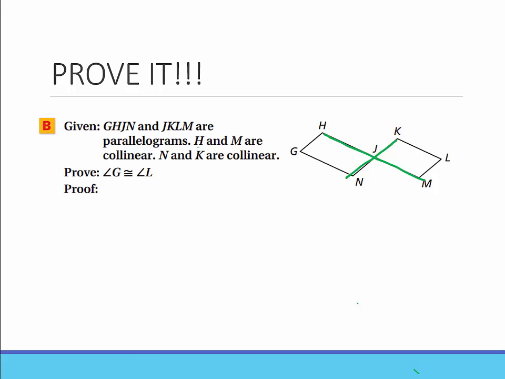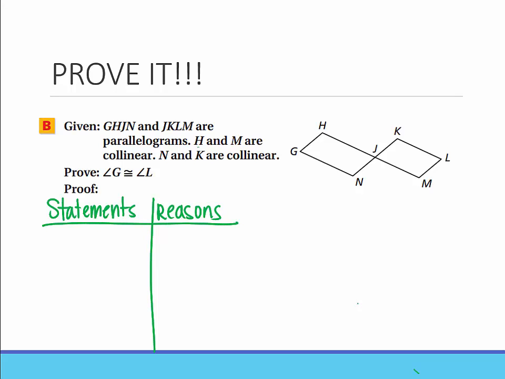So we need to prove that angle G, this one over here, is congruent to angle L, this one over here. So let's see what we're working with. Write down statements and reasons. So the first thing they tell us is that GHJN and JKLM are parallelograms.